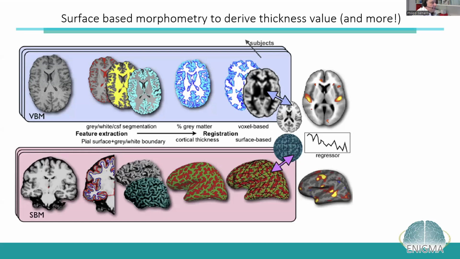Here, you use the original image information to create more geometric objects, so-called surfaces or planes, between tissue compartments. So one plane is representing the border zone between white matter and gray matter, and the other key plane that we need is the border zone between gray matter and CSF.